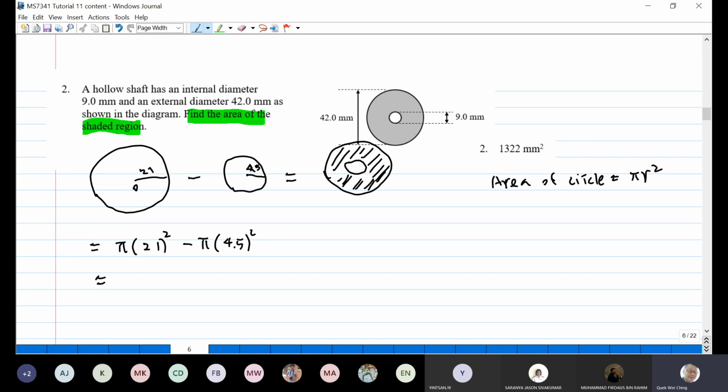So this will give you 1321.8, which is about 1322, and the unit is millimeter squared.